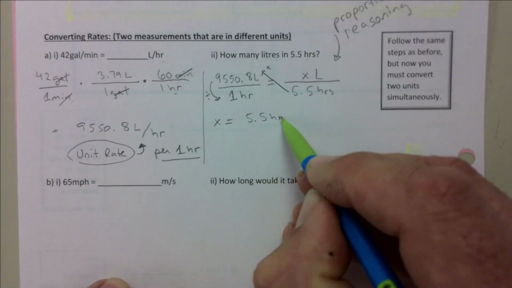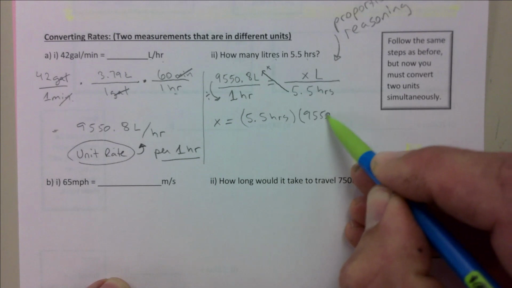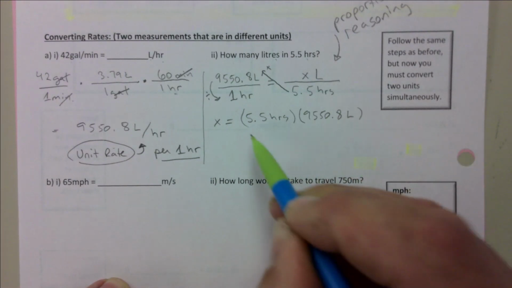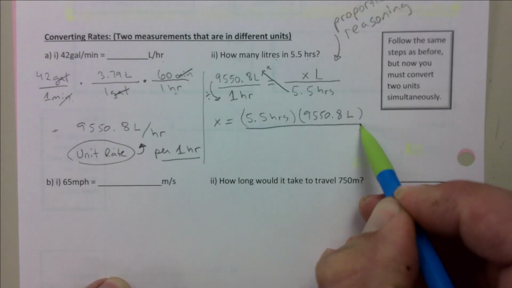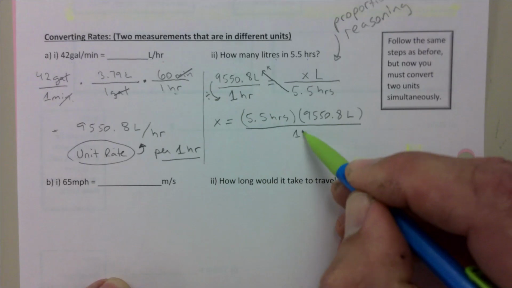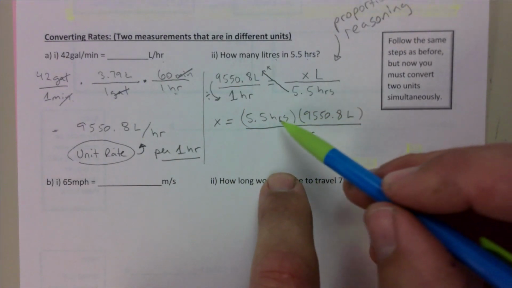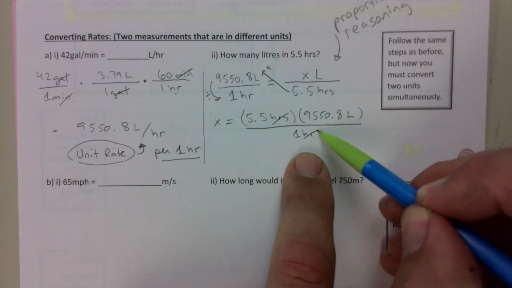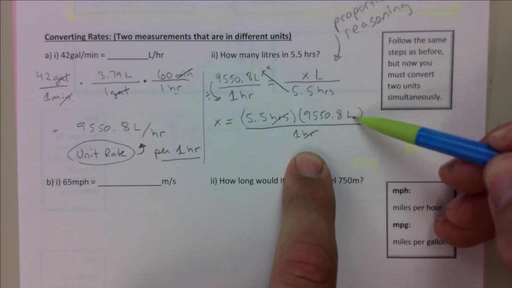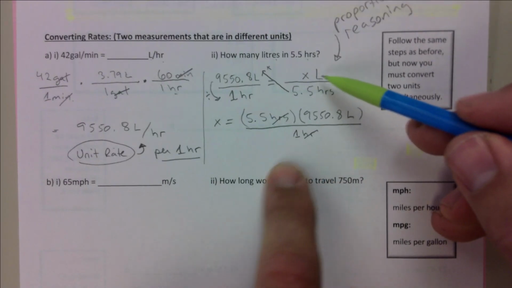5.5 hours multiply 9,550.8 liters, divide all of that by the 1 hour. And what cancels out in this scenario? Hours and hours are gone, so you're left with liters, which is what we want anyways, okay?